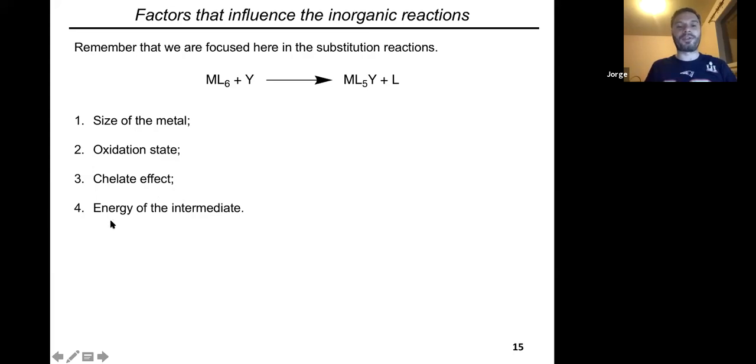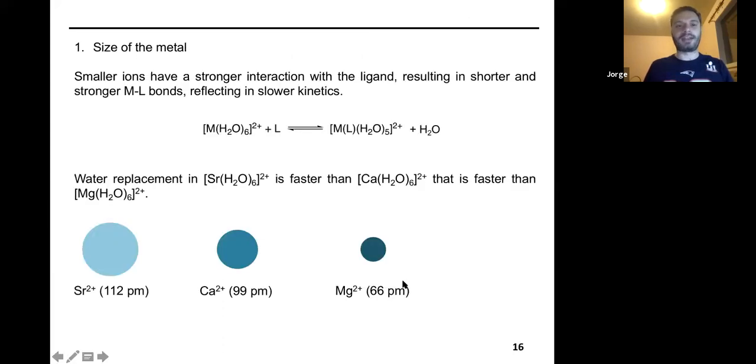And fourth is the energy of the intermediate, okay? The first and second factors are kind of the same, and the third and fourth are very different, and they are more correlated with the thermodynamics of the system. So let's start with the first one, and that's the size of the metal.